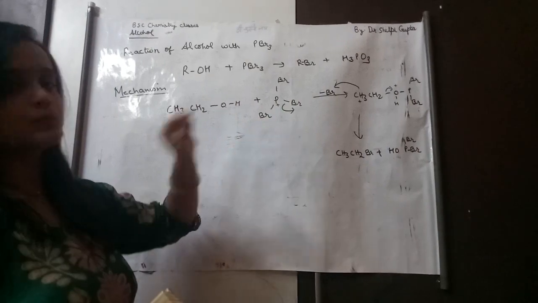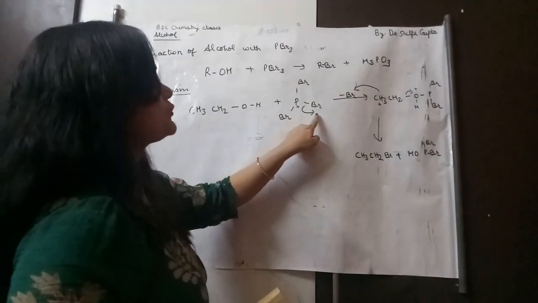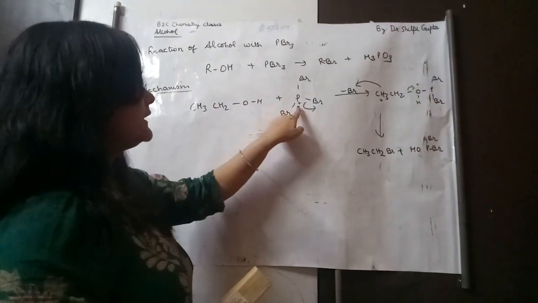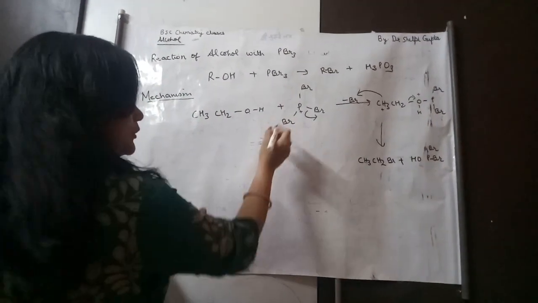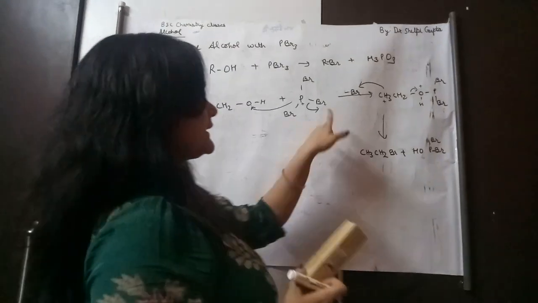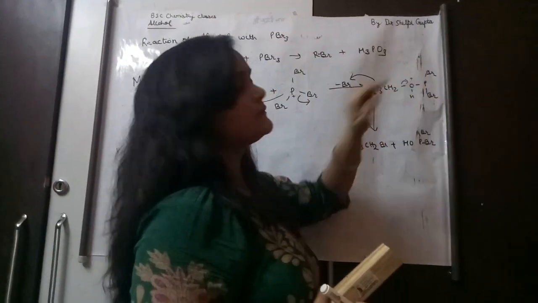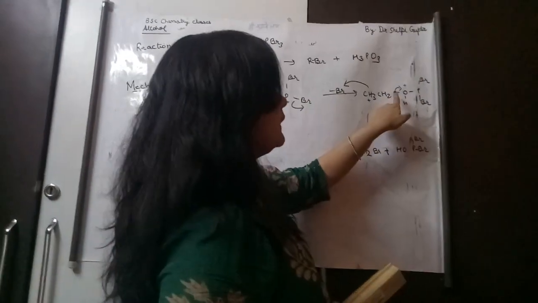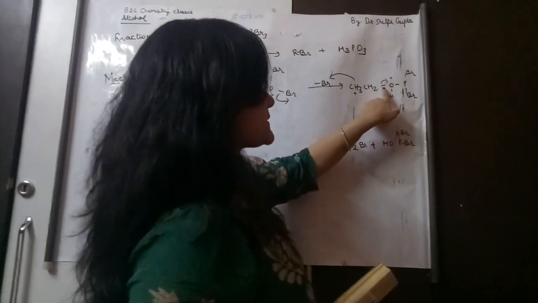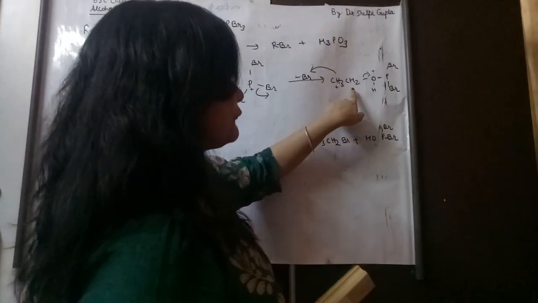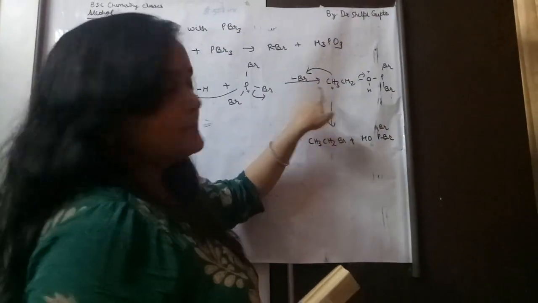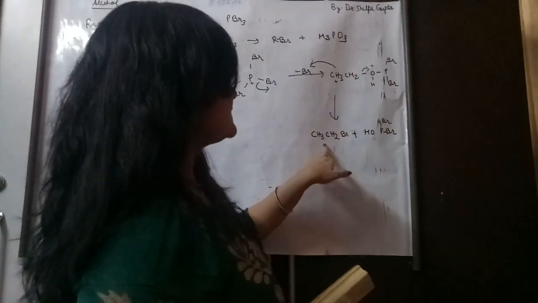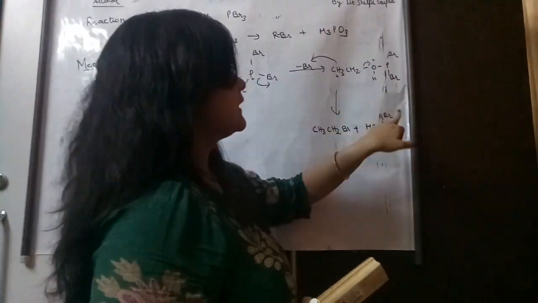When alcohol reacts with PBr3, this nucleophile will remove from the molecule and P will get positive charge. P will attack on the oxygen. Okay, like this. When it attacks the oxygen atom, then oxygen will get deficient of electrons and will get positive charge. Then it will take the electrons from this bond, and when the alkyl group gets free, it will attack the Br, because it has positive charge and Br has negative charge. Then what will form is CH3CH2Br and this compound.